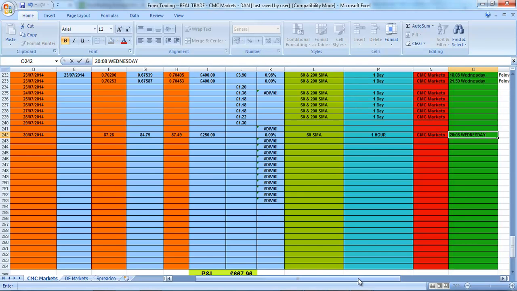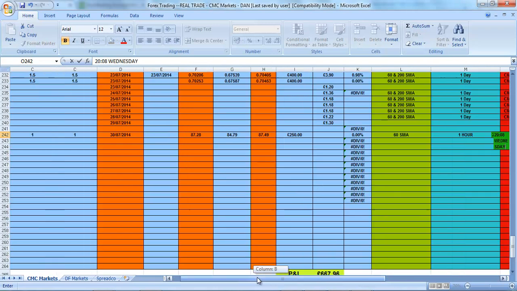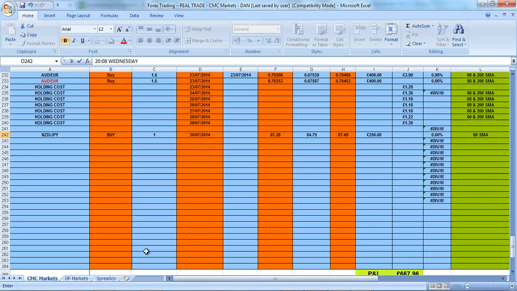I must also say, when you get up in the morning and you check your platform and you've been paid overnight interest, all you do is you come in, you put your holding cost. I think it's called holding cost. You don't put anything at buy, you don't put anything at stake, you just put the date.